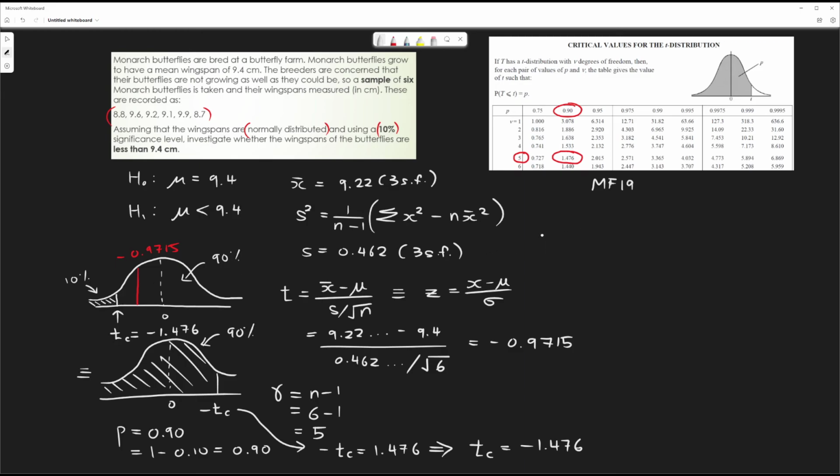So you can say since T is greater than TC, we do not have sufficient evidence to reject our null hypothesis H0. And there you go. That's it.